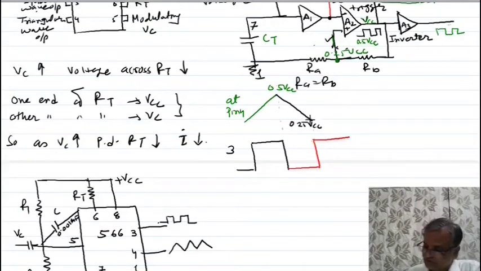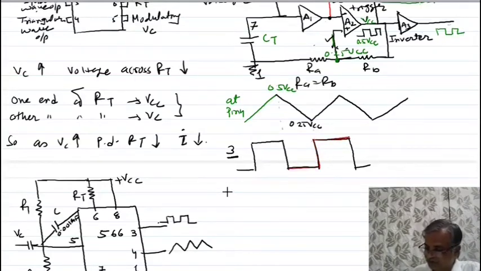Due to charging and discharging of the capacitor, we get the square wave output as shown in the figure, and this is the output at the Schmitt trigger.